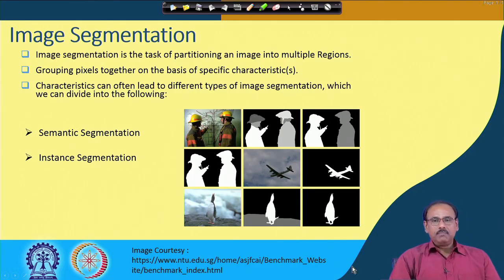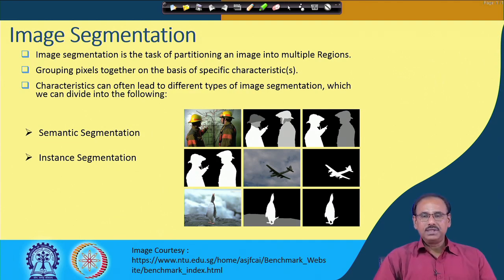So, you see that image segmentation is basically a process of partitioning an input image into different regions, and this partitioning is done based on certain characteristics of the input pixels. So, you partition the image in such a way that in every partition or every region within that image, if I take 2 pixels, then the characteristics of those 2 pixels will be very similar.